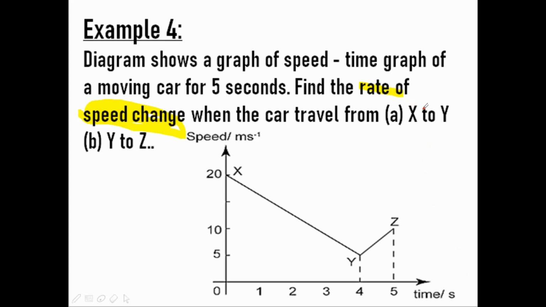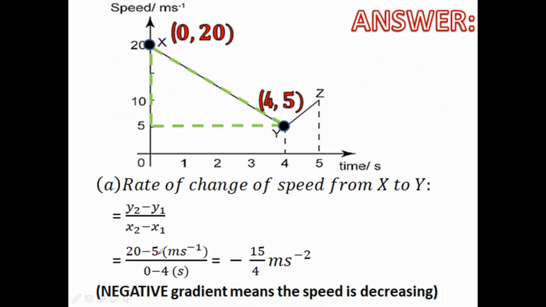For A, X to Y, here is 0, 20. The coordinate of this Y here is 4, 5. We draw a triangle here. Then the gradient will be 20 minus 5 over 0 minus 4, which gives 15 over 4.